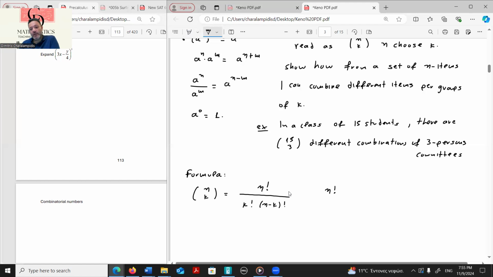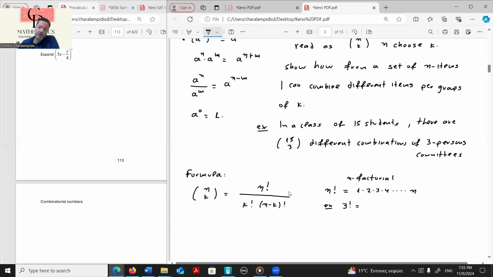N factorial is equal to the product of all successive natural numbers starting from 1 up to n. So n factorial is 1 times 2 times 3 times 4 up until n. And if you don't quite understand what the significance of this is, let's see some examples.